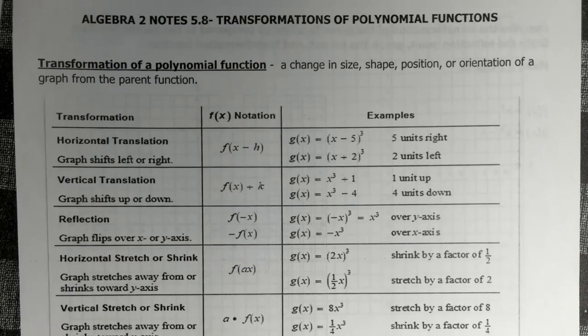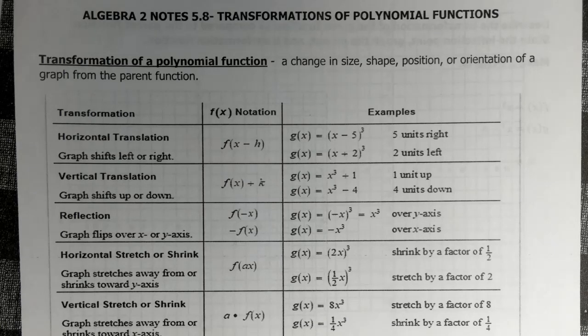Remember, a transformation is anything other than the parent function. So a translation, a stretch or shrink, a reflection, anything like that would be a transformation. So if you have something inside parentheses, whether it's a translation, stretch or shrink, or a reflection, it's always the opposite of. Okay? Everything with your x is the opposite of what you would read.